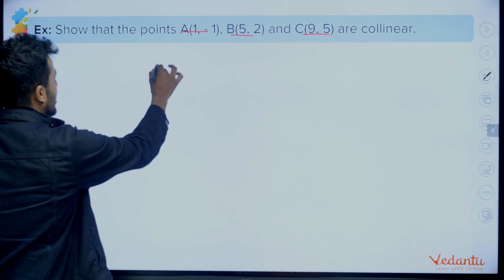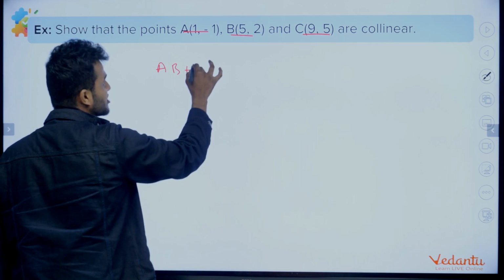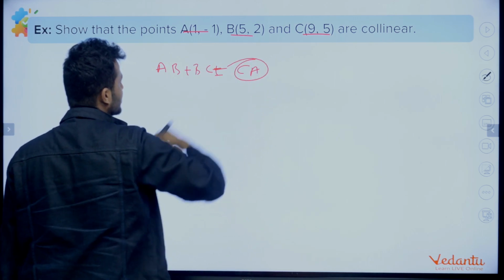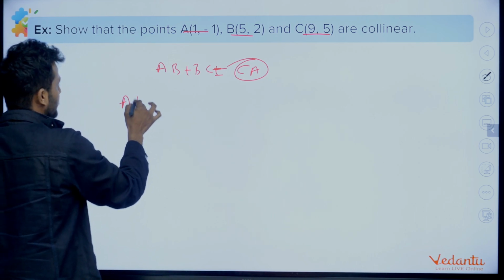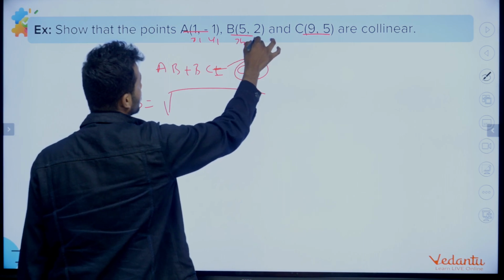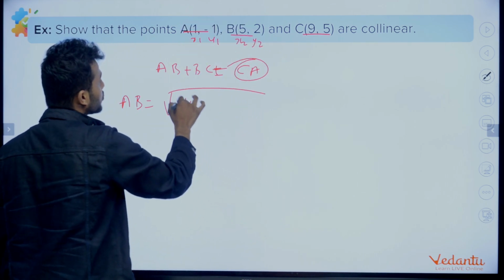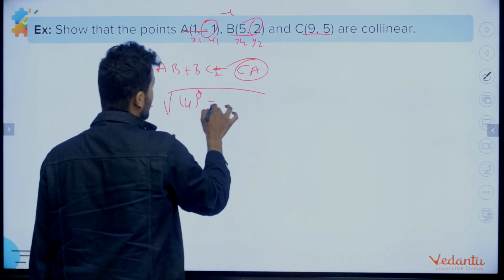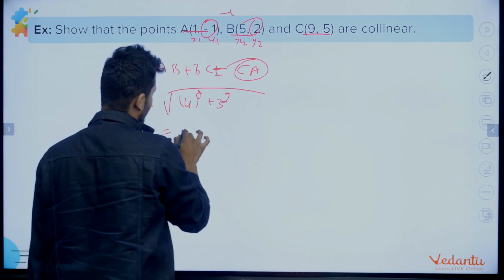Collinear is nothing but, if we have 3 points, AB plus BC is equal to CA. Very simple. We need to find AB. AB is equal to x1, y1, x2, y2. 5 minus 1, 4 square. But students, look here. Minus into minus becomes plus, 3 square. 4 square, 16, 5 only.